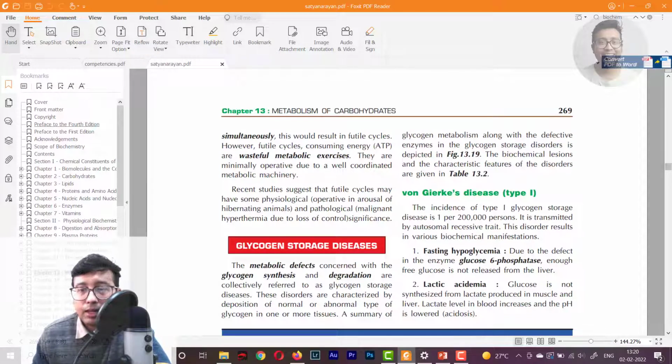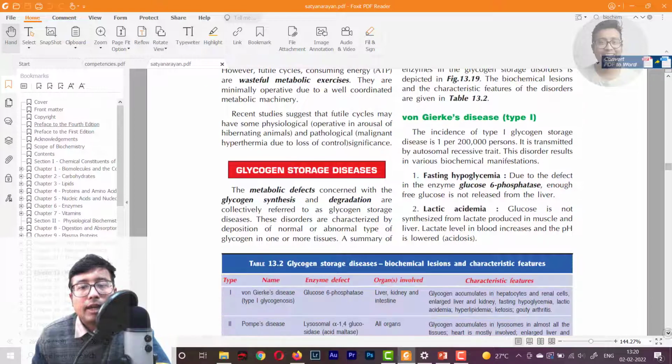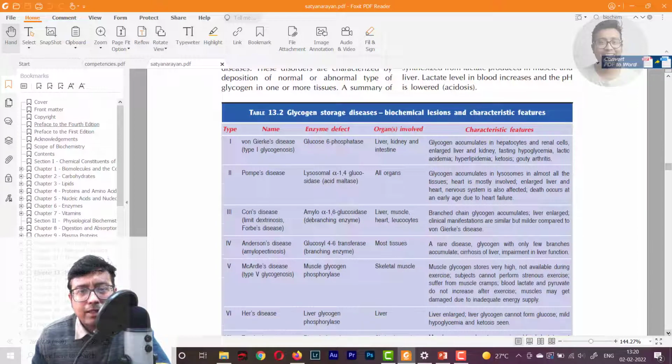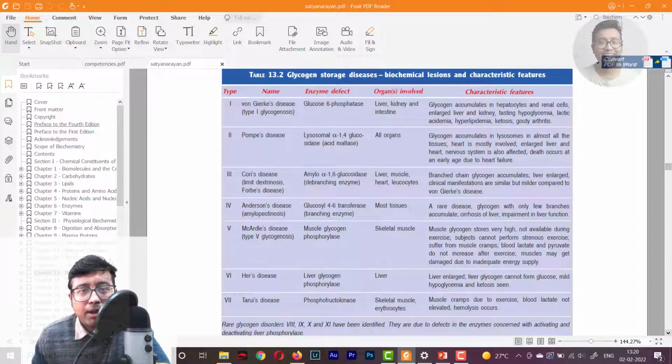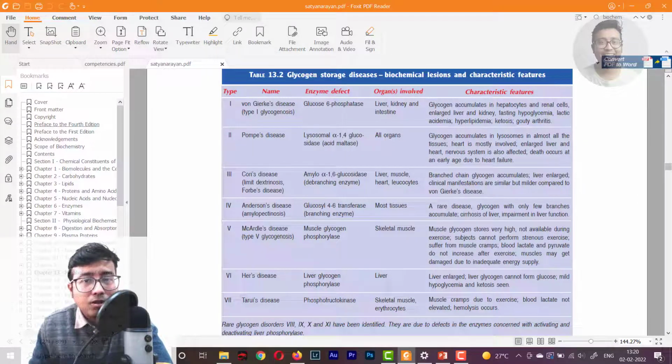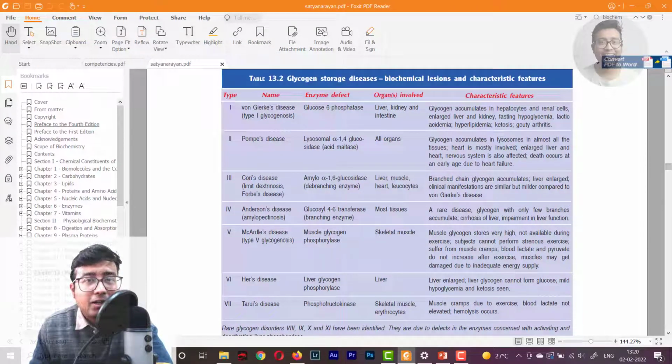Okay. Next, we need to look at glycogen storage diseases. I think I covered this in part 2. So glycogen storage diseases, you just need to know the name. I think I have got a video dedicated to glycogen storage diseases, where you can learn how to remember the names of the enzymes. So we will basically stop here.